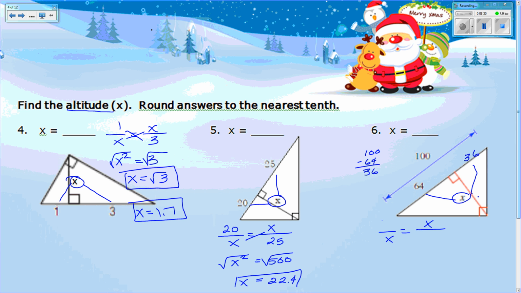The other two pieces go in the remaining spots. So you get X squared equals 2304. We're going to take the square root of both sides. And since they're asking for tenths, we don't have to simplify. So X is 48. In this case, it is a perfect square. So 1.7, 22.4, and 48.